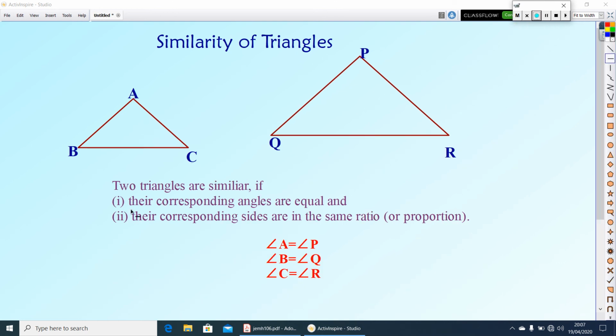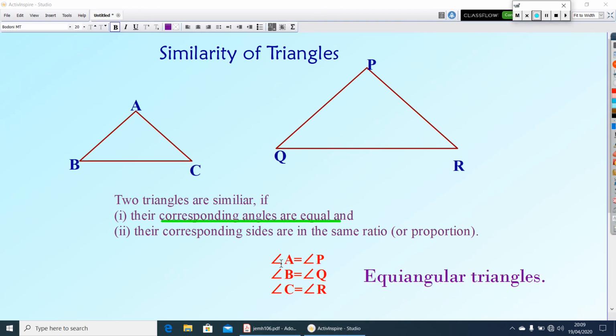If the corresponding angles of two triangles are equal, then the triangles are called equiangular triangles. Here in these two triangles ABC and PQR, angle A is equal to angle P, angle B is equal to angle Q, angle C is equal to angle R. Therefore, triangle ABC and triangle PQR are equiangular triangles.